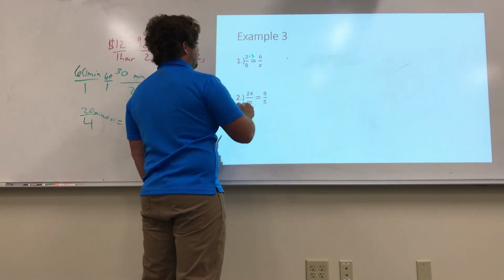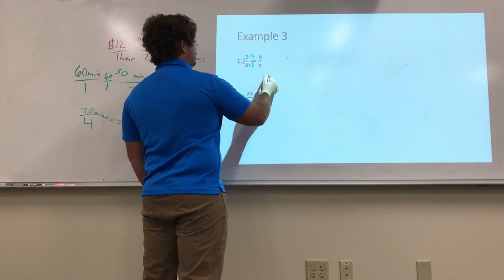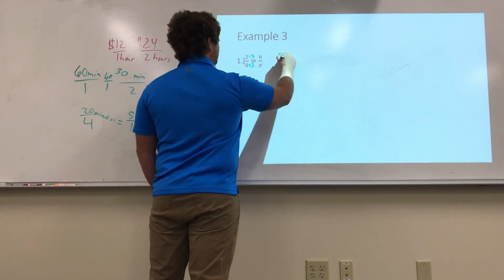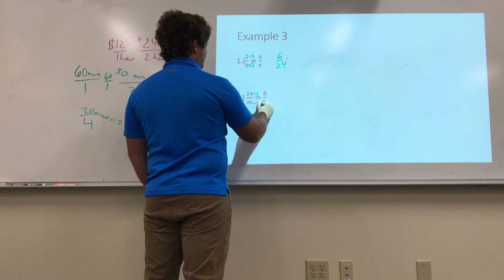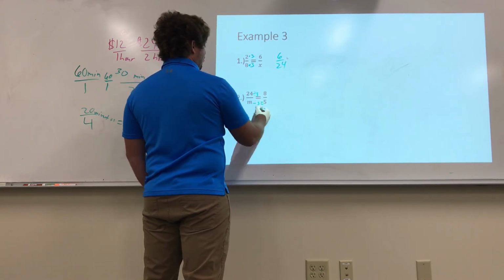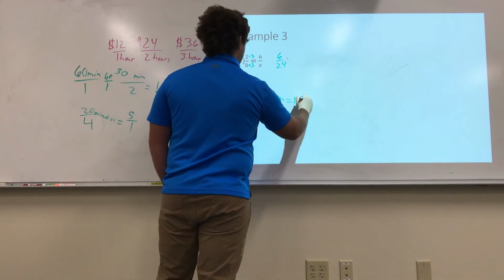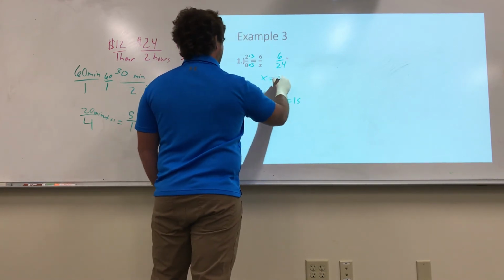So what we do to the top, we must do to the bottom. We are going to get 6 over 24. Here, we divide by 3. So we have to go backwards and multiply, and we get m equals 15. x equals 24.